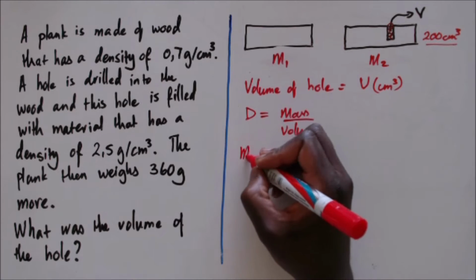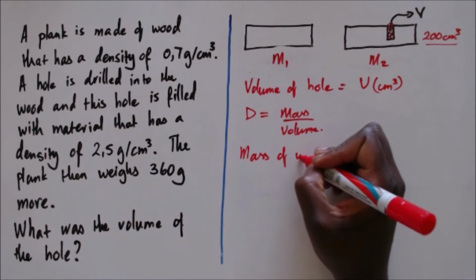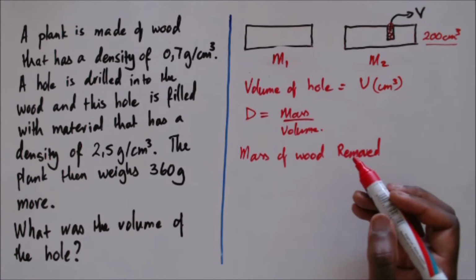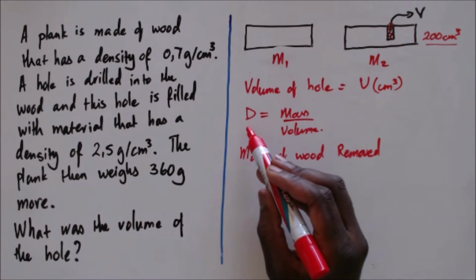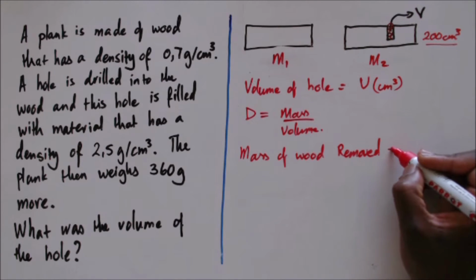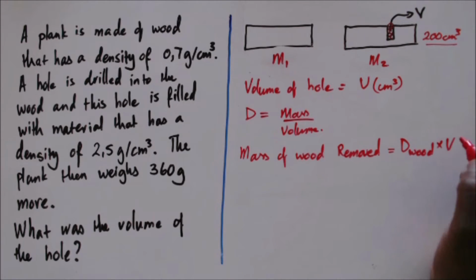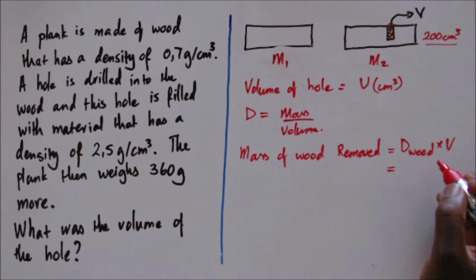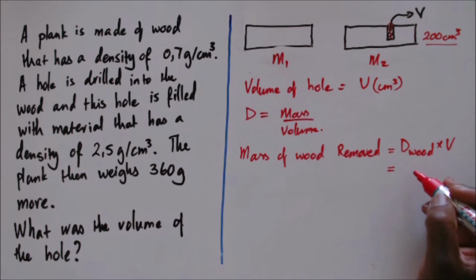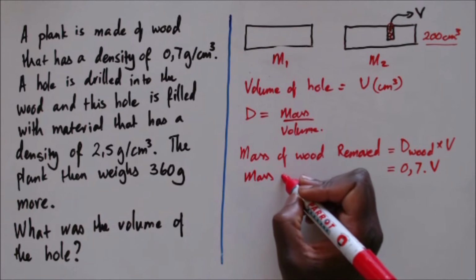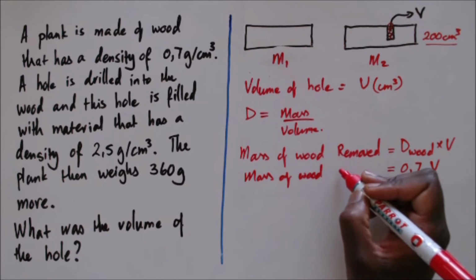So the mass of wood removed will be given by the density of the wood multiplied by the volume which is removed, which is V. We can put a figure there, because we know the density of the wood is 0.7 grams per centimeter cubed, and that's multiplied by V. So this is the mass of the wood that's removed.